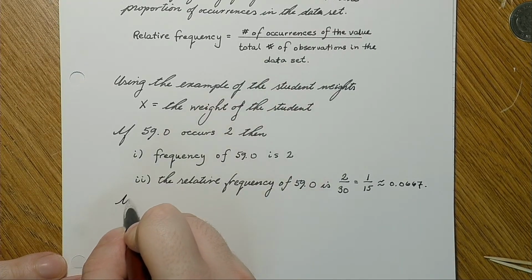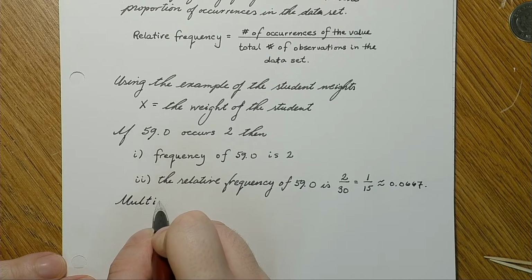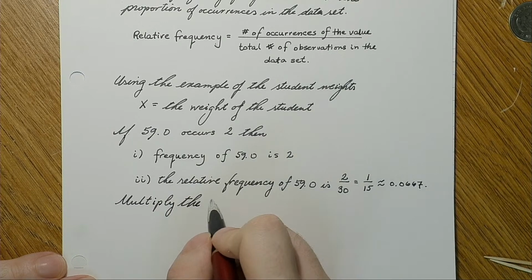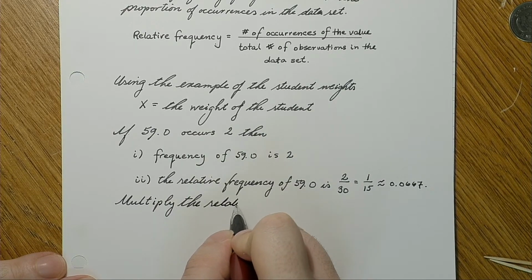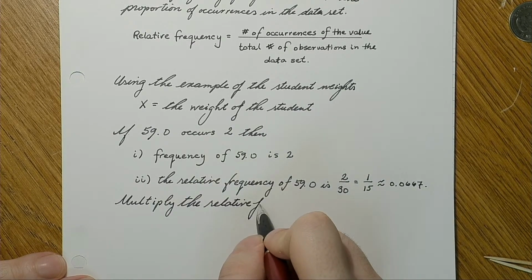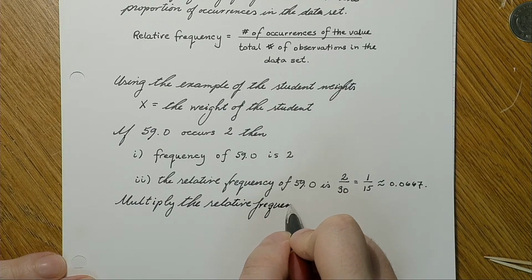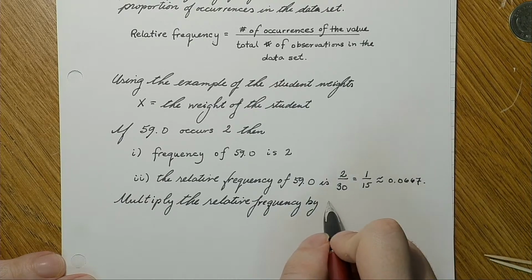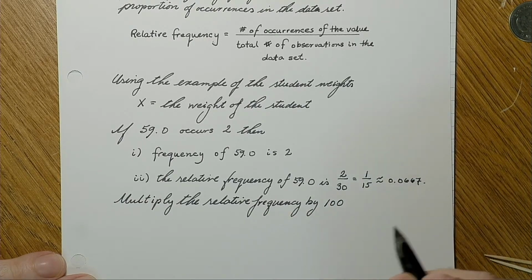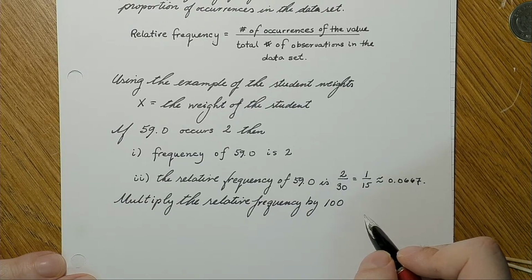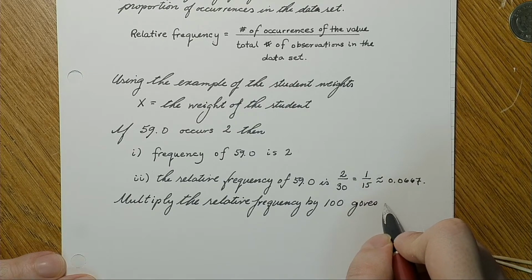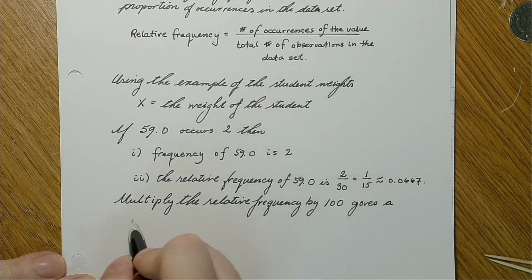If you multiply the relative frequency by 100, this gives you a percentage.